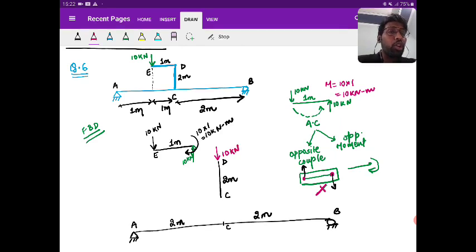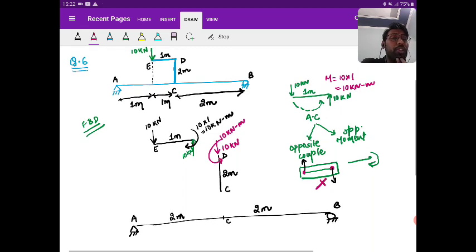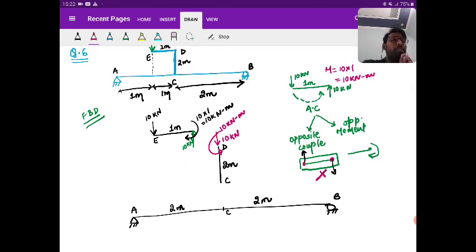Clockwise of 10 kilonewton meter is balanced by the anti-clockwise of 10 kilonewton meter. Any doubt in this? Is it clear?